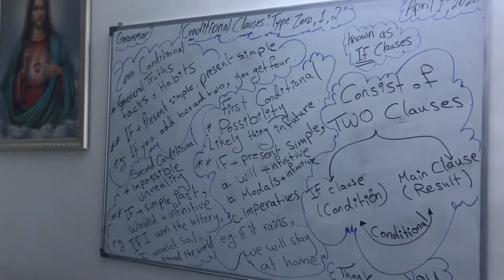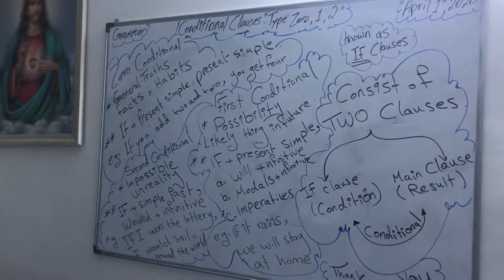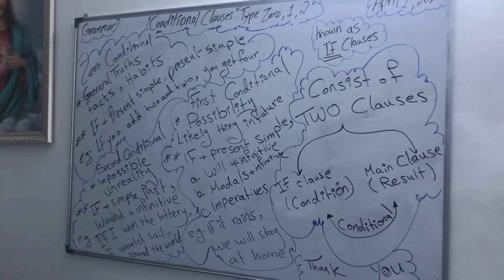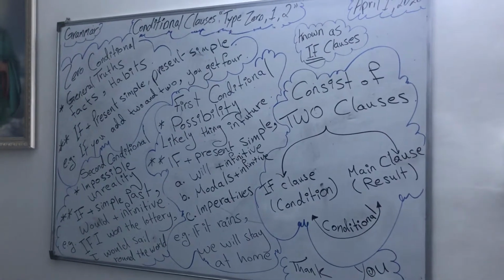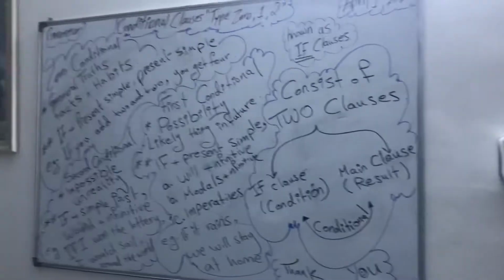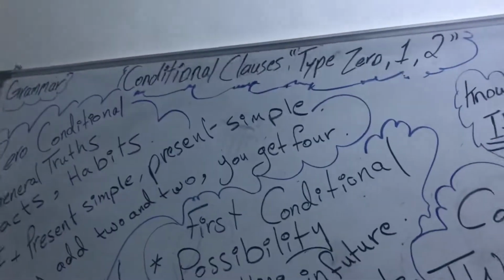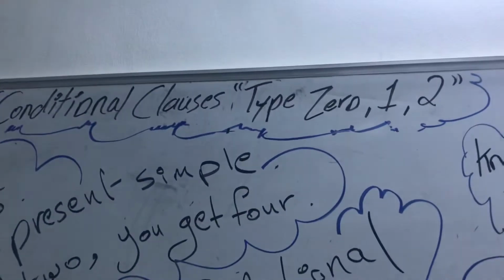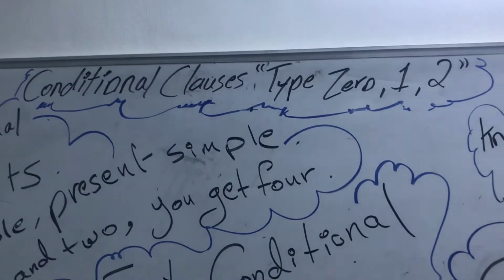Before we start explaining this lesson in details, let's have a quick overview regarding the points that we are going to talk about. Let's go to our title, which is Conditional Clauses Type 0, 1, and 2.